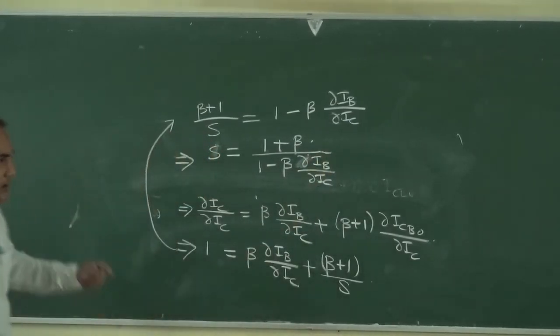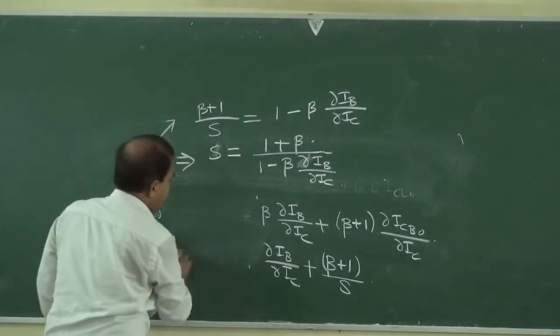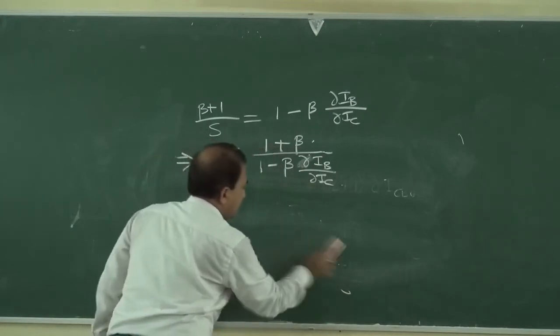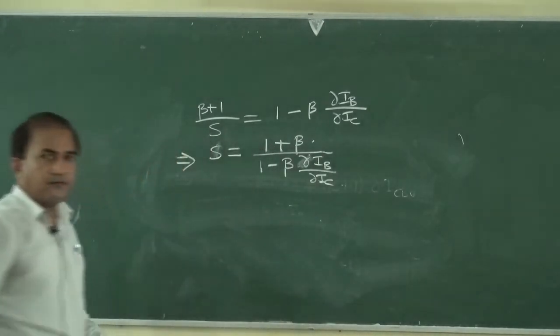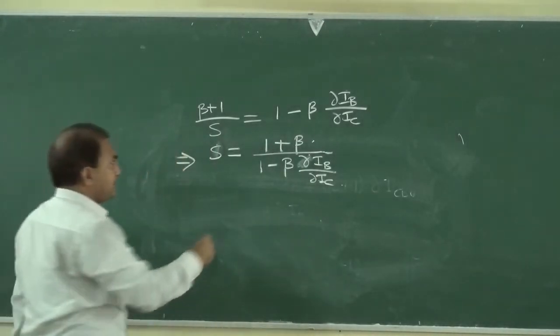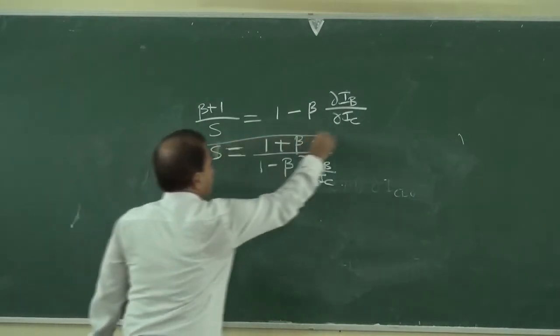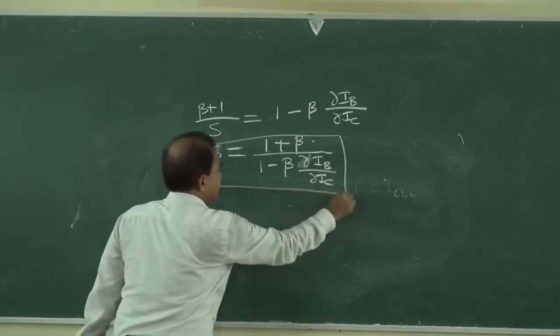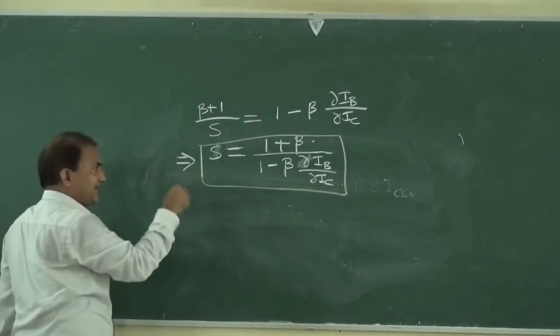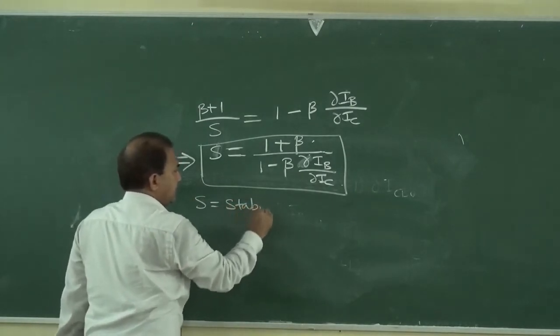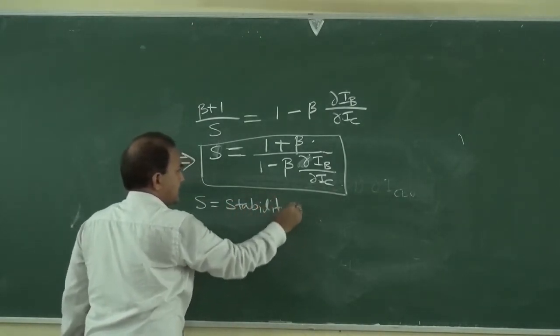So this is the expression of stability factor of BJT in common emitter configuration, where S is the stability factor.